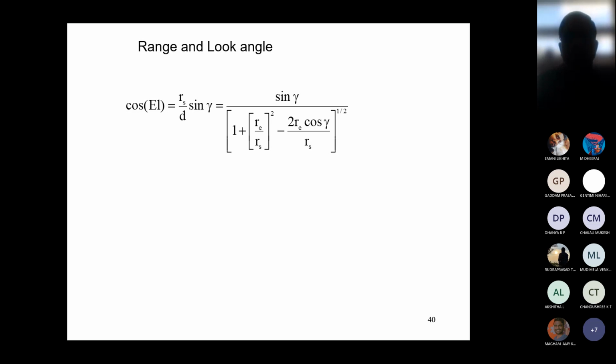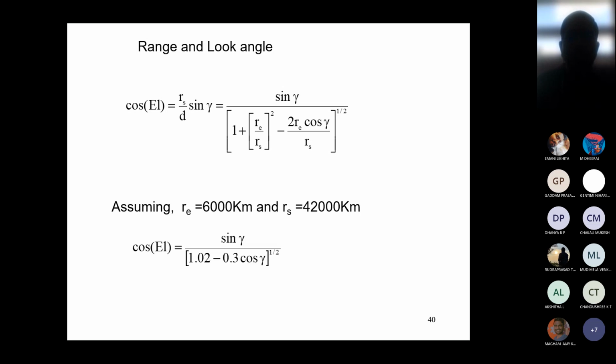In this equation we have taken some constant values: RE stands for the radius of the Earth, and RS stands for the orbital height, that is the distance between the center of the Earth and the orbit of the satellite. Putting those values in, we could rewrite the value of cos elevation like this.